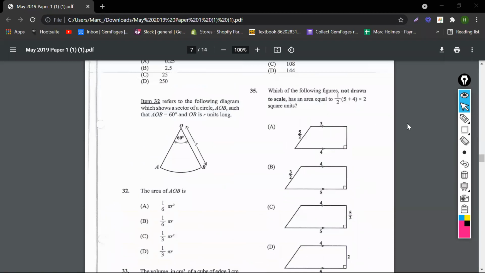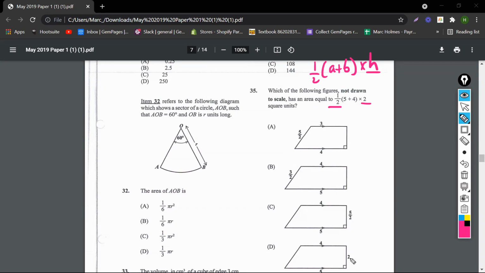Let's go to 35 now. And it says, which of the following figures, not drawn to scale, has an area equal to half times 5 plus 4 times 2? So guys, the area of a trapezium, which is what they're showing you here, is a half of A plus B times H, which is the height. So the height, guys, would have to be 2.